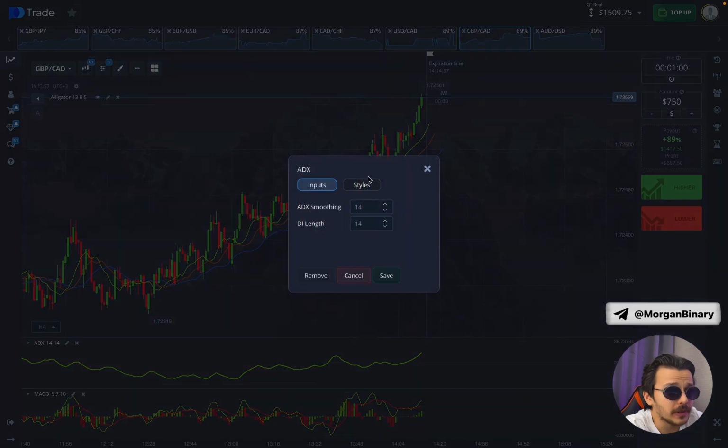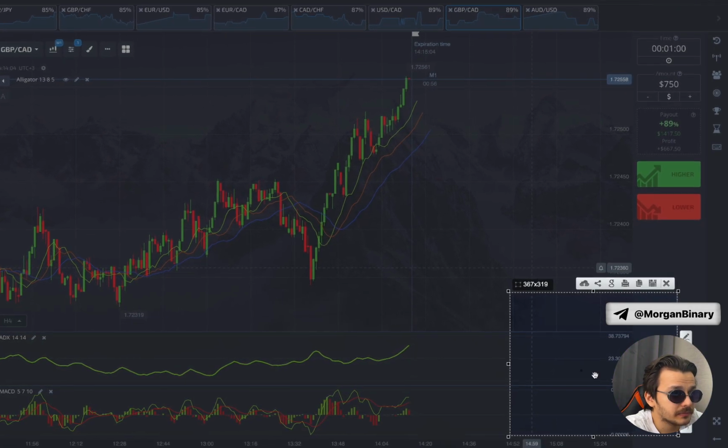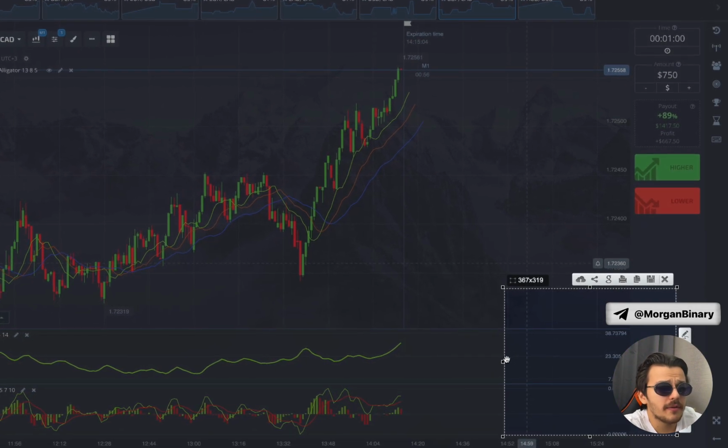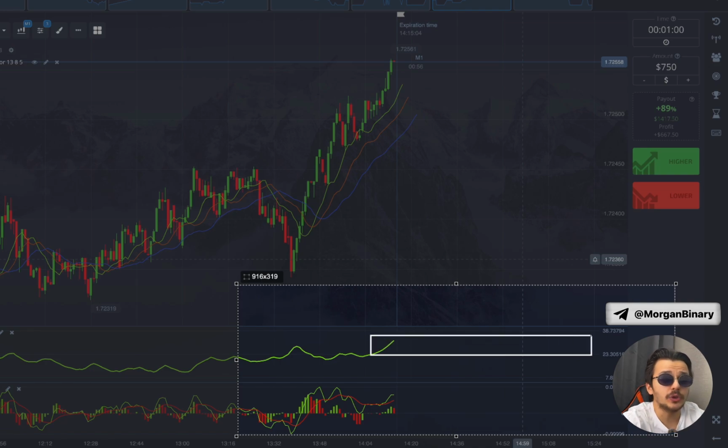We remove the plus and minus moving lines and we will be oriented by the one moving line. When the moving line reaches more than 30, this tells us that the trend will have to reverse soon.